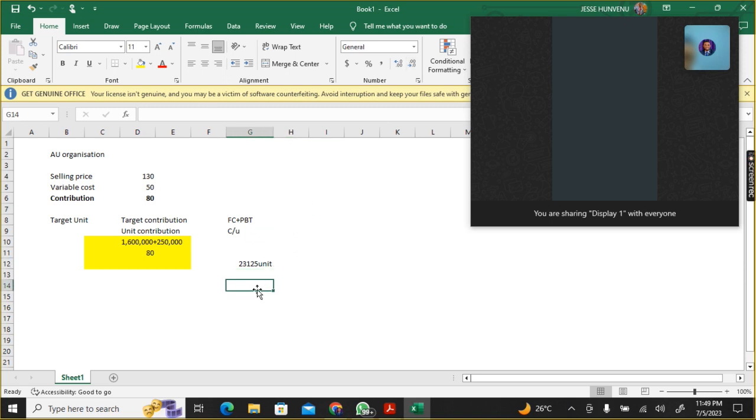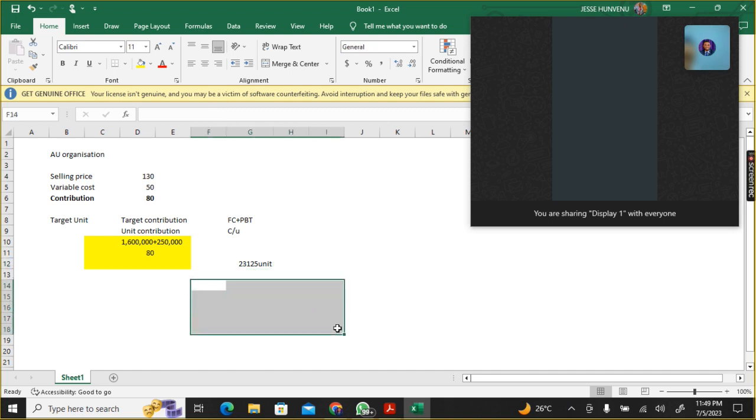Because if you write 23,125 units here in Excel, you can't multiply it with any other number. If you multiply with a number, you are going to get a wrong value. But this one that I just did is text, while the other is inputted as a formula.